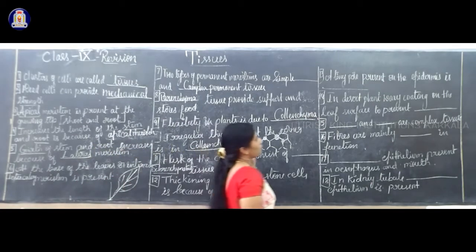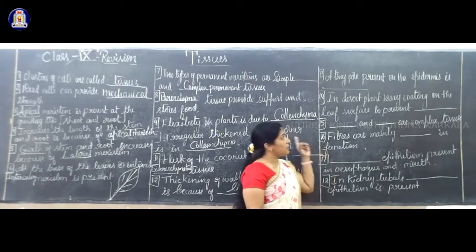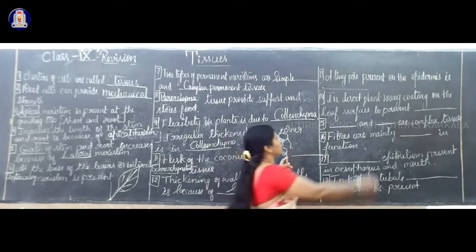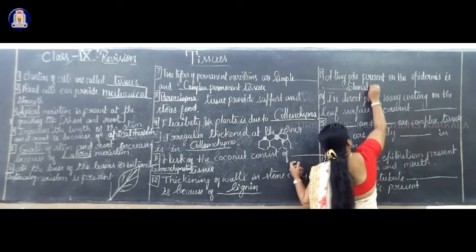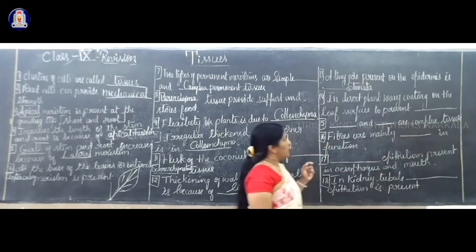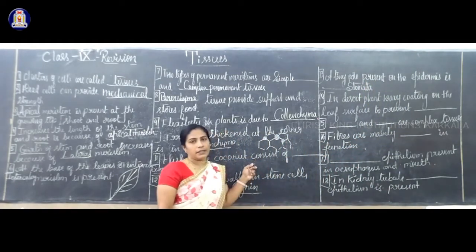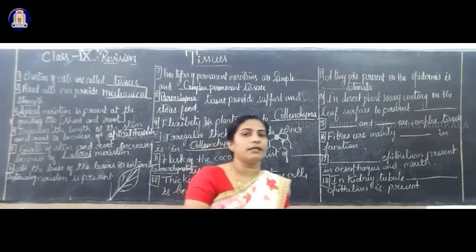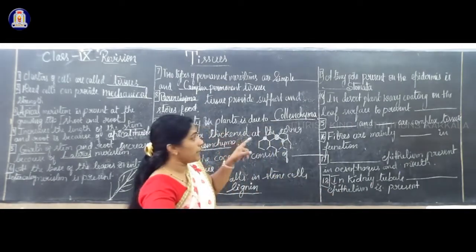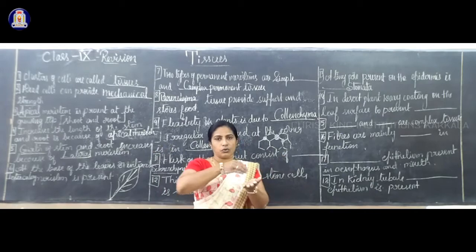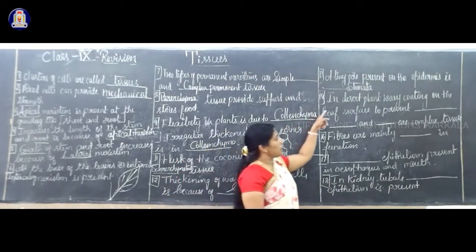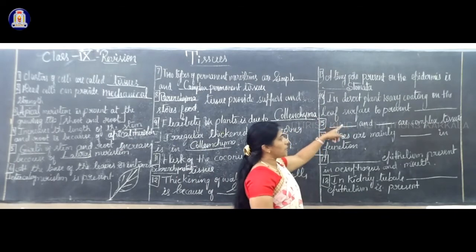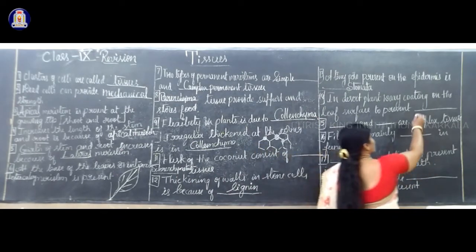Now 13. A tiny pore present on the epidermis is called stomata. Next one. In desert plants, and in some plants, a waxy coating on the leaf surface. So when you pour water, the droplet will move. The reason in desert plants, waxy coating of the leaf surface is to prevent transpiration.